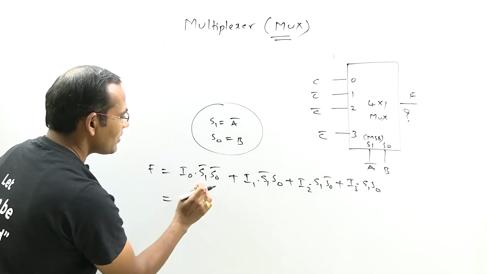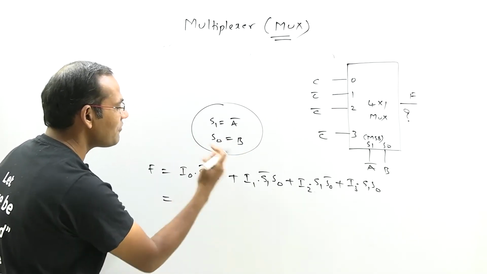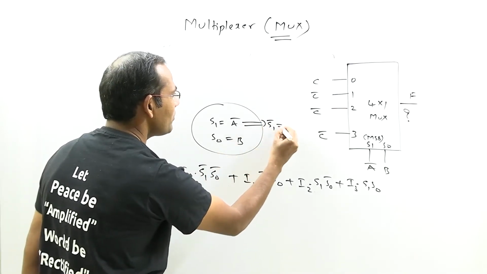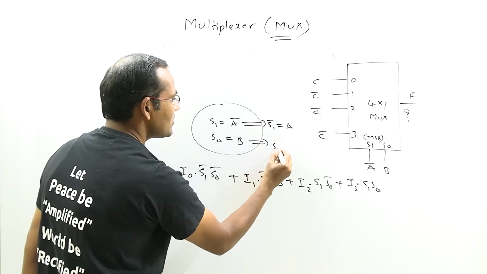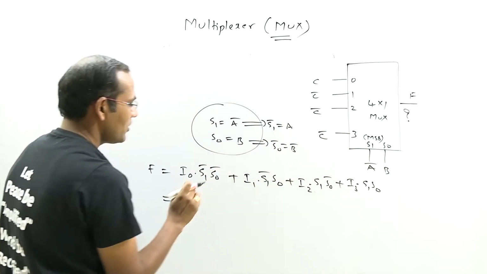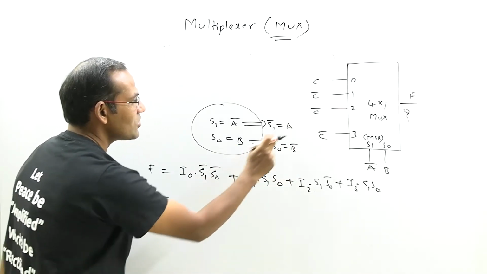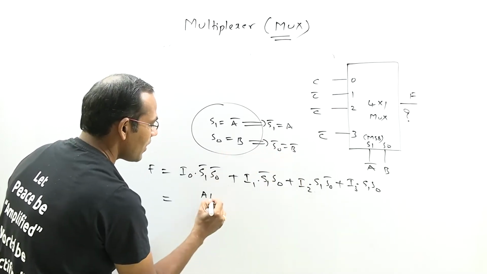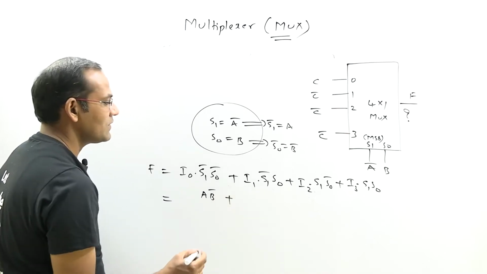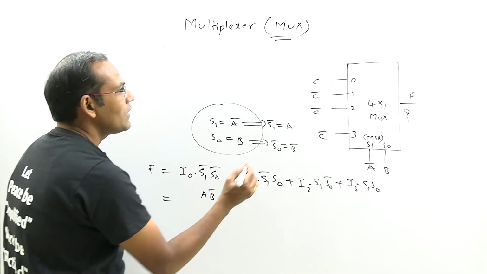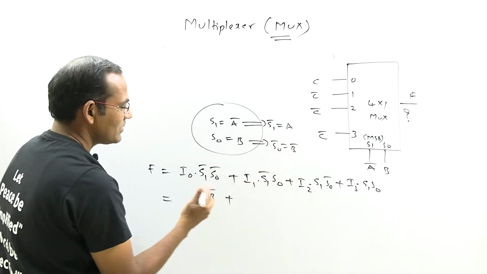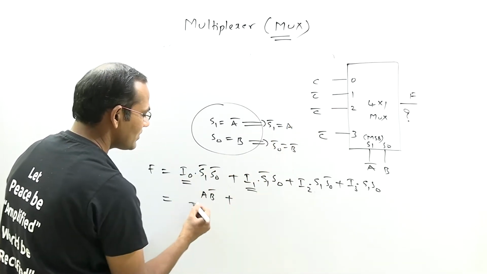Here S1 is A bar, so S1 bar will be A. S0 bar will be B bar. So here S1 bar I need, so A. S0 bar is B bar, plus I will write the inputs later.